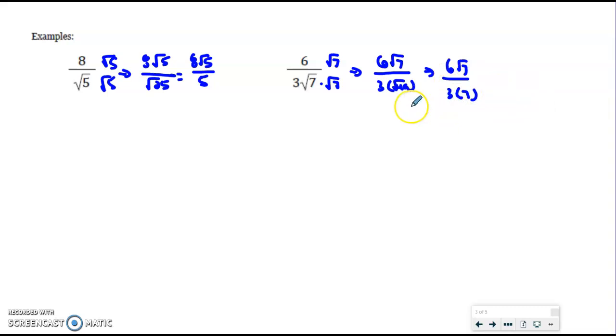Which is true, I don't have to. I could just say that the square root of 7 times the square root of 7 is just 7, and then I'm simplifying it. I could rewrite this as 6 square root of 7 over 21 if I want to, but then I can also simplify this fraction, and I get 2 square root of 7 over 7. That would be my final answer.